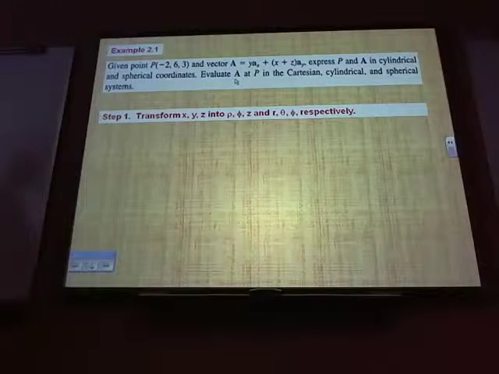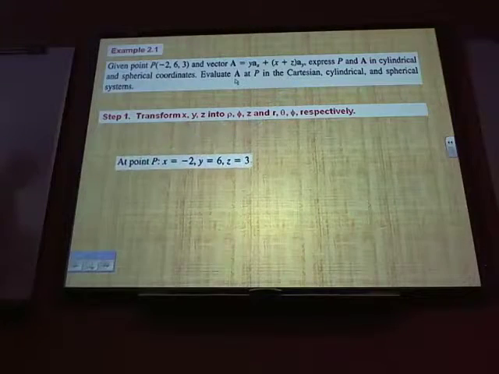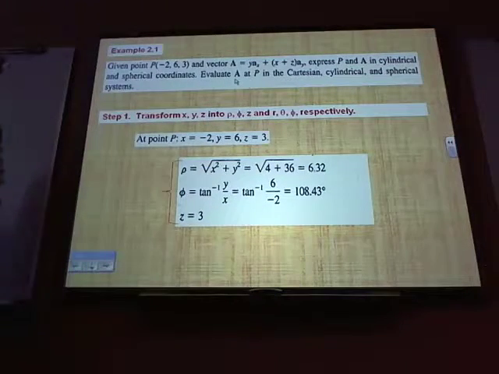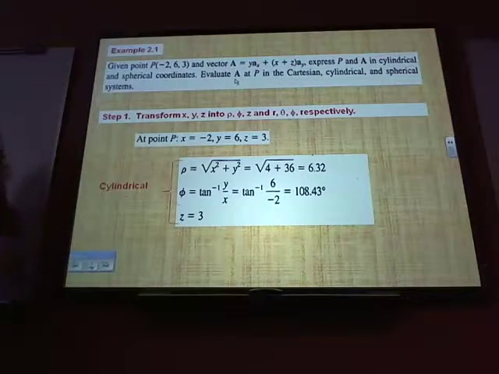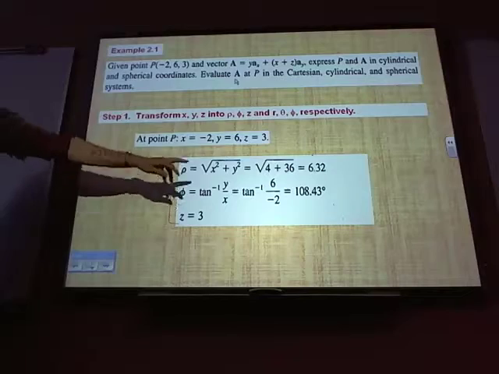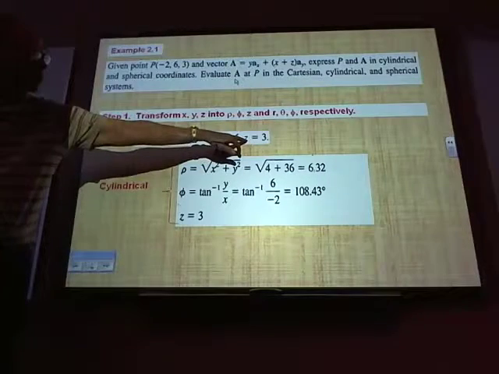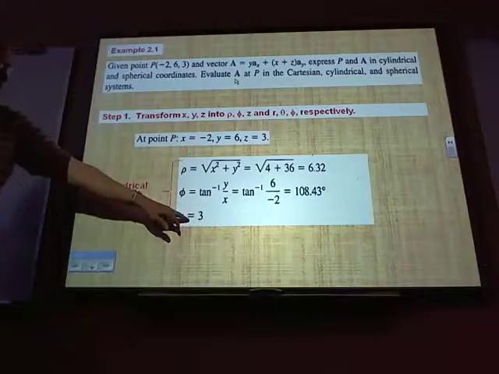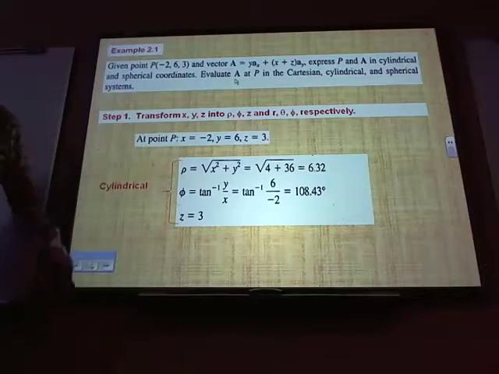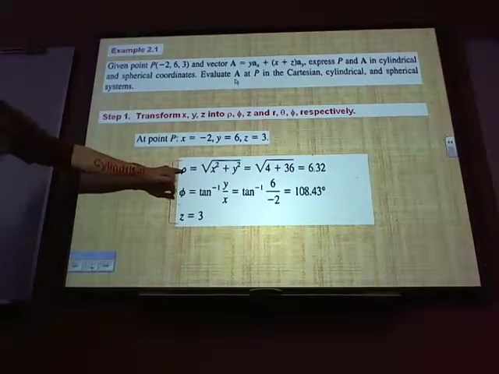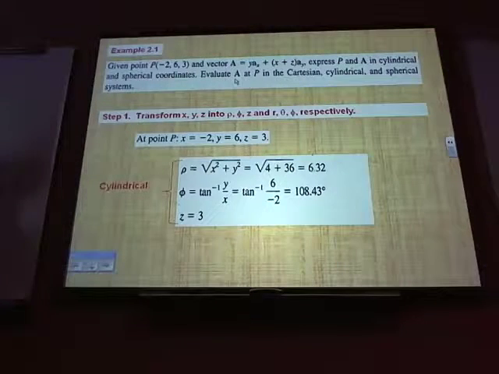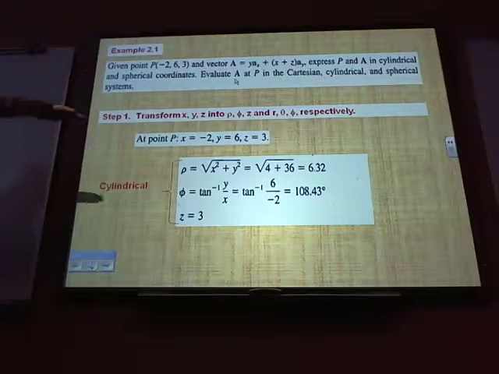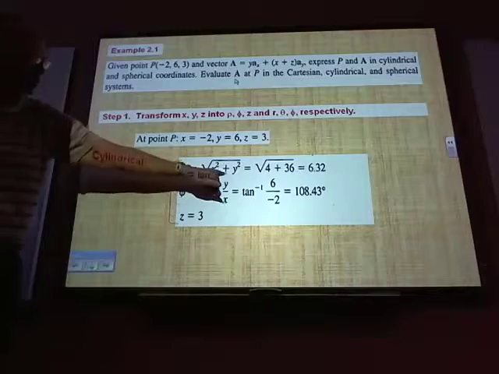Step number one, let's do that transformation of x, y, and z. We want to go into cylindrical coordinates. We realize that in cylindrical coordinates, z does not change. It's the same, so there it is. We go into our equations and we find that rho in cylindrical coordinates, now remember rho is the distance from the z-axis out, is equal to the square root of x squared plus y squared.